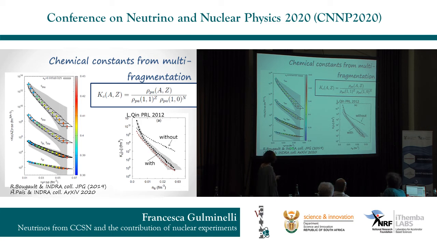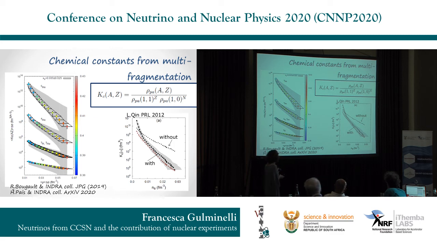And here are recent experimental data from the INDRA collaboration on these chemical constants for the different light clusters. They are compared here to our relativistic mean field calculation, where we can include this medium modification in a completely phenomenological way by adjusting the coupling to the scalar meson, with the reduced coupling, which can be fitted to the data.